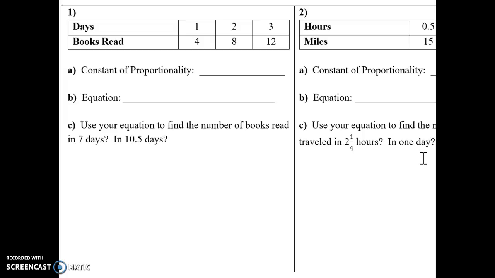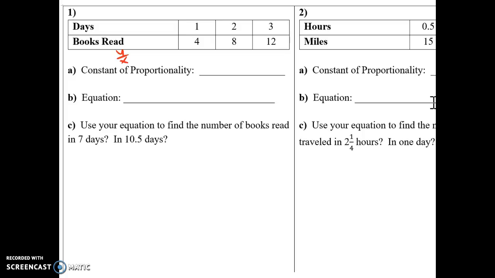If you recall from the other videos, to find the constant of proportionality within a table, you just need to add a column, or row in this case, y over x. If we get the same y over x, or unit rate rather, then that is our constant of proportionality, and the table would be proportional. So let's see if we get that.